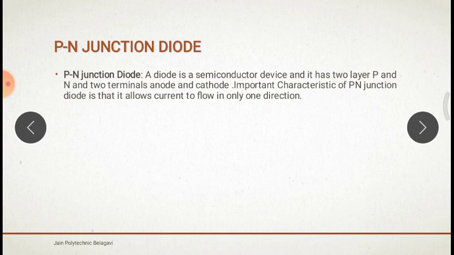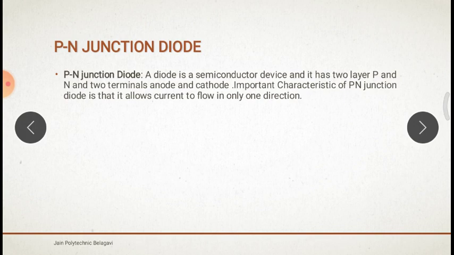That is, one vacancy will be there, which contributes to the hole current. So holes are the majority carriers and electrons are minority charge carriers. That is, fewer electrons and more holes will be there. Similarly, for n-type, electrons are the majority charge carriers and holes are the minority charge carriers.